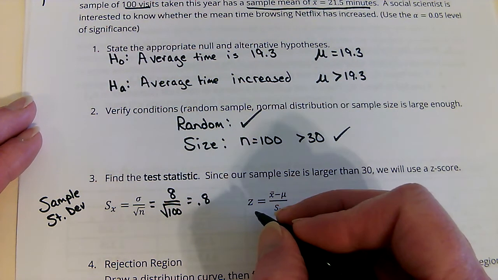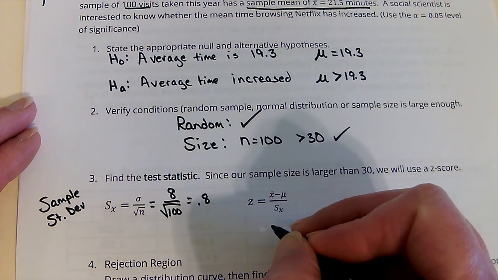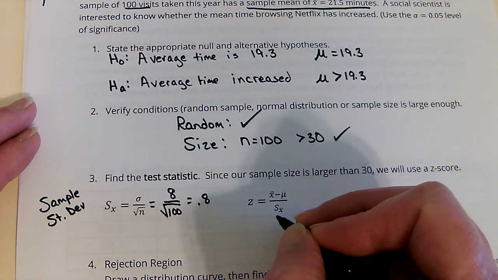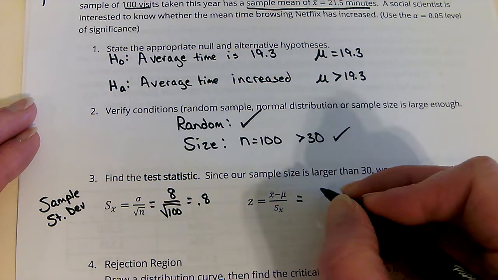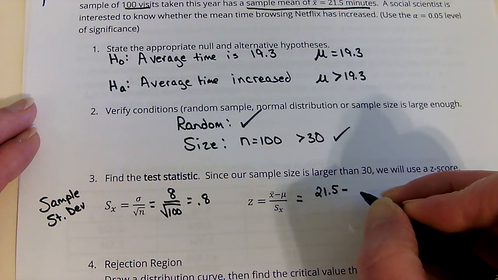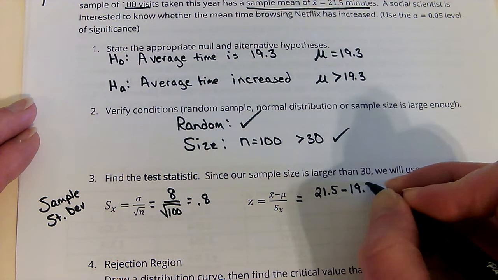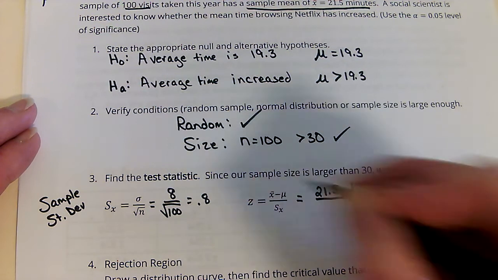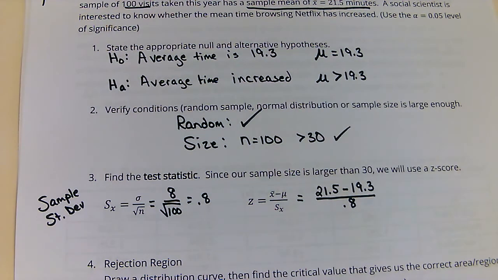Now we're going to find the z-score for the sample mean. So here's the formula to find a z-score. The sample mean was 21.5 minus our claim divided by the sample standard deviation. And I know I've got a calculator around here somewhere.